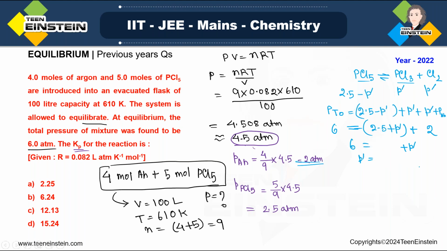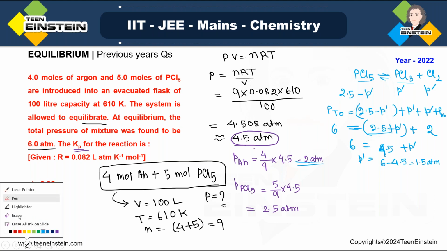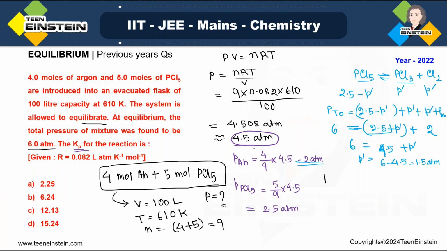This is also a lengthy question, you have to do it very carefully. Okay, I have done it right. It is actually 2.5 plus 2, it is 4.5. So 6 minus 4.5 will be 1.5. Now you know the value of this P prime and you can easily calculate the Kp expression.